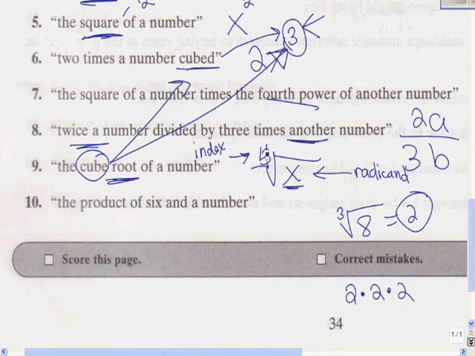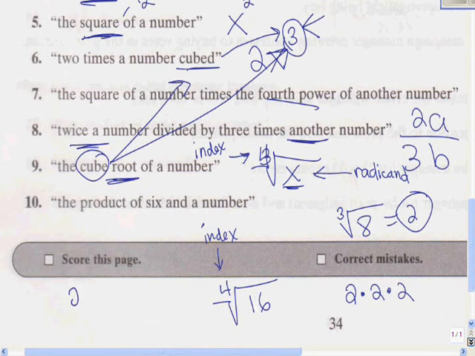If this would have been 4, then that means I need to find the number that when I multiply it times itself 4 times gives me whatever the radicand is. So let's just say the radicand was 16. The index is 4. So that means that I need to find the number that when I multiply it times itself 4 times gives me 16.